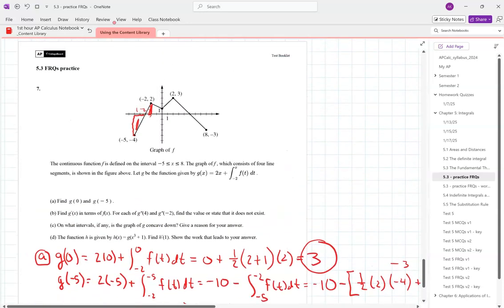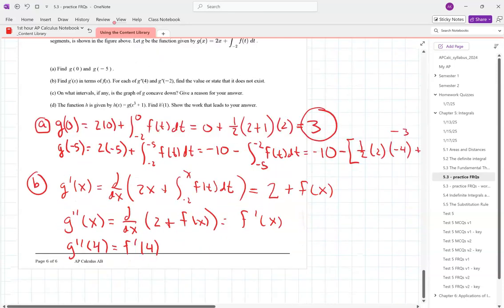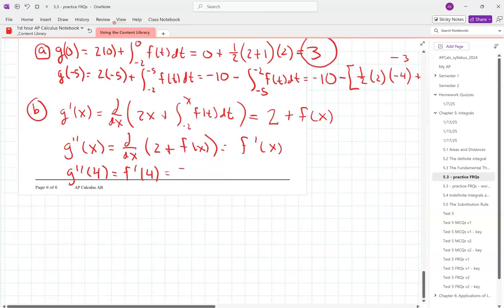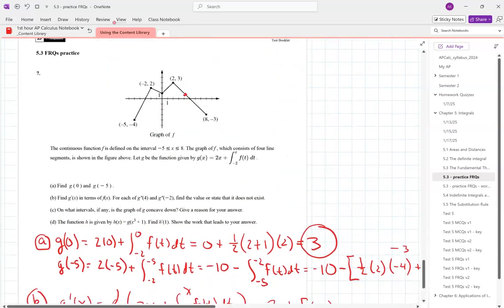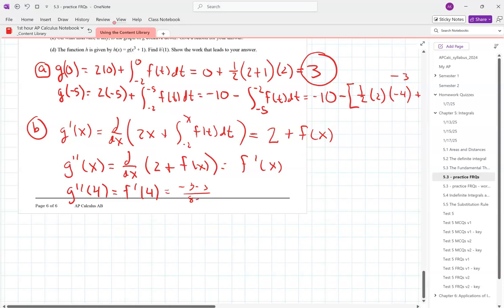So if I go up and I look at this guy and I locate 4, 1, 2, 3, 4 looks like it's here. So f prime of 4 is going to be the slope of that line at x equals 4. So I can just do rise over run there. So I have like negative 3 minus 3 over, what was it, 8 minus 2. So that comes out to be negative 1.